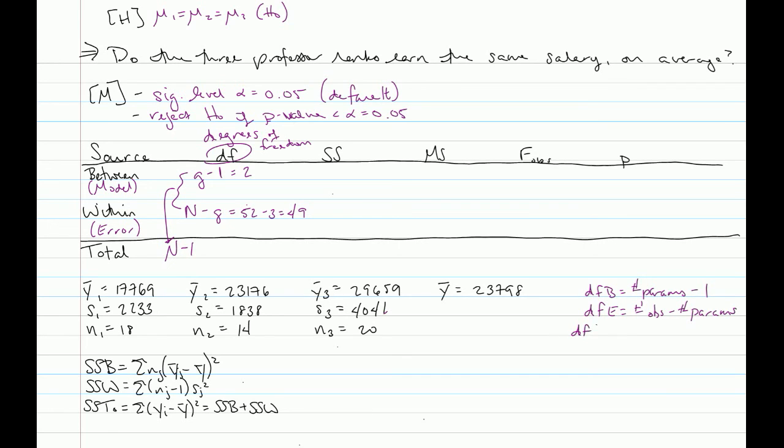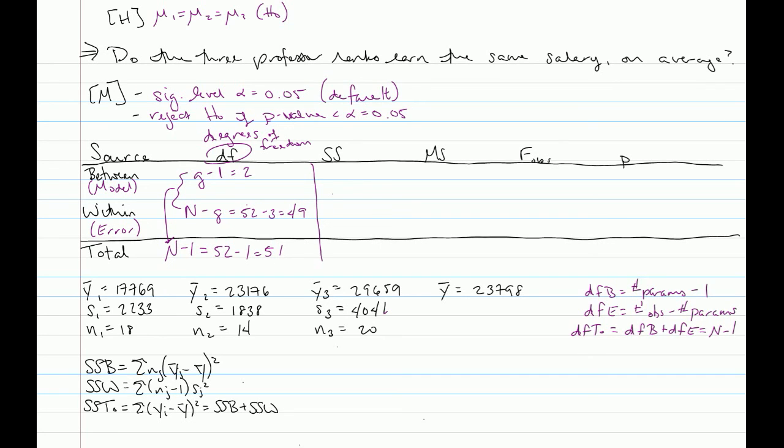So df total is always degrees of freedom between plus degrees of freedom for error, and it will always be n minus 1. In this case, that's 52 minus 1, or 51. This is like that one sample scenario, if we just say let everything be the same, let's just estimate one mean for everyone. So those are our degrees of freedom.